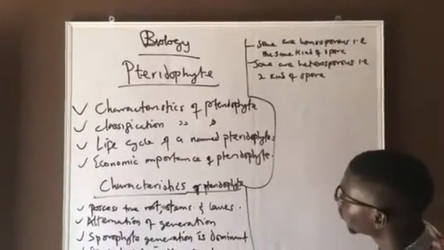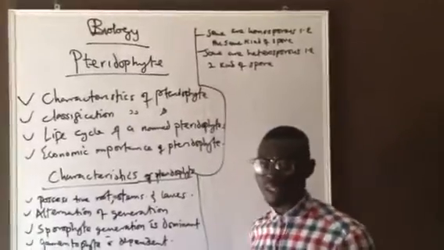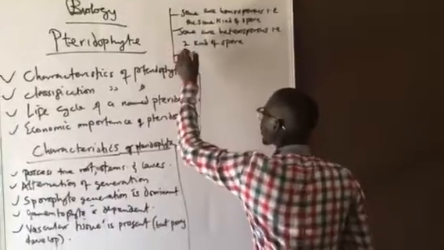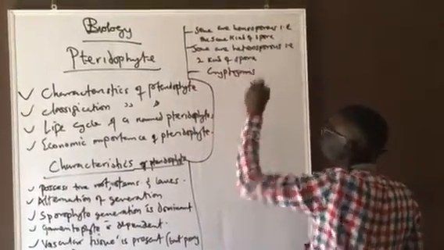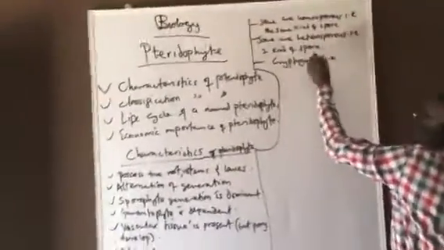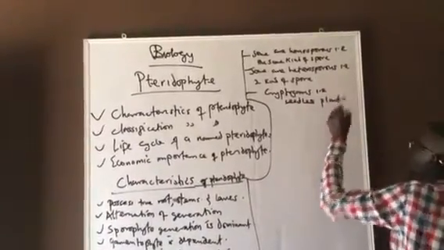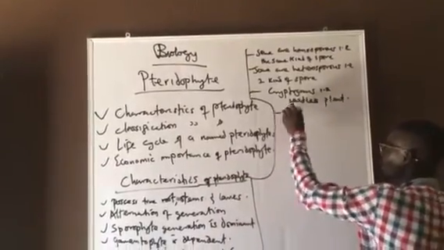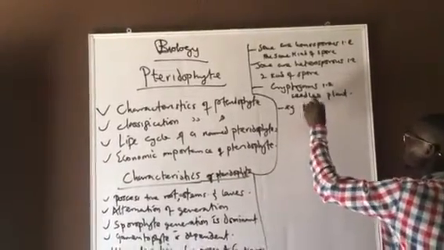However, they are cryptogams. They are still seedless plants. Don't forget, they are higher cryptogams, but they possess vascular tissues. They are still seedless plants. Examples of this group called pteridophytes are the ferns, the common one, Dryopteris.